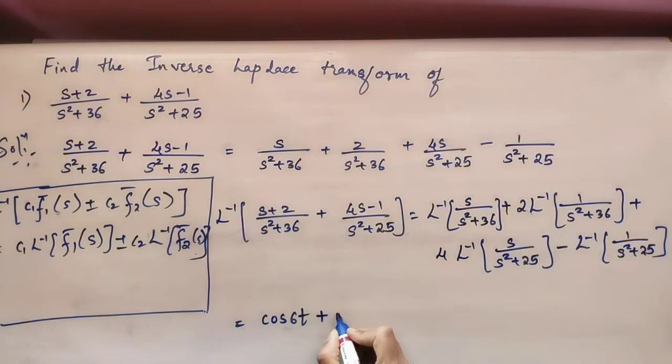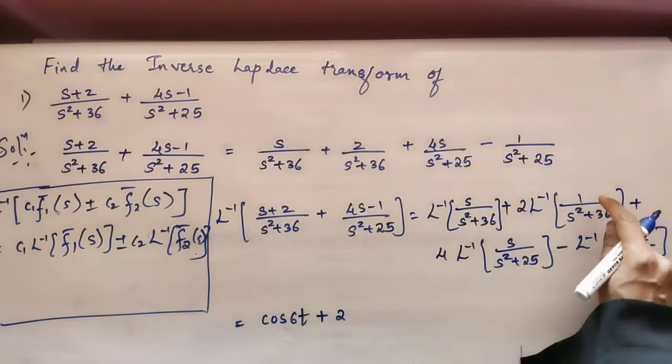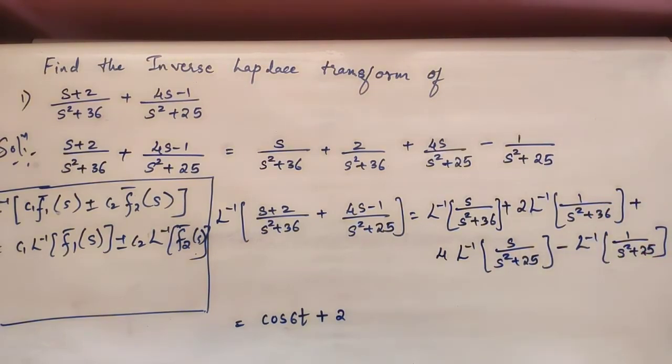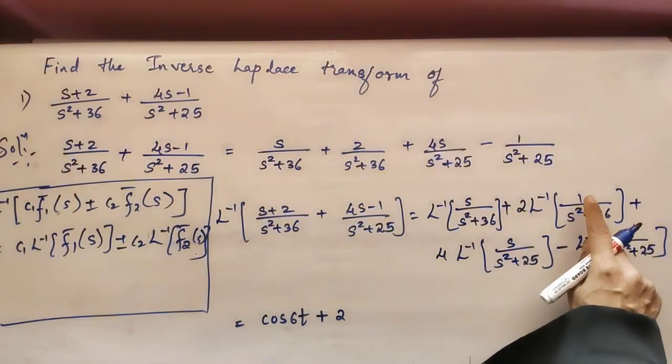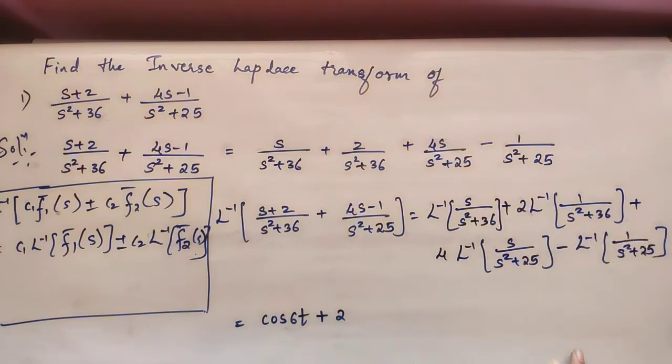Plus 2 as it is, which is constant, and there is no s in the numerator and a positive sign between s square and a square. Same as in the previous case, you can write 1 divided by s square plus 6 square in place of 36, and this is nothing but 1 divided by 6 sine 6t. Plus 4 as it is.